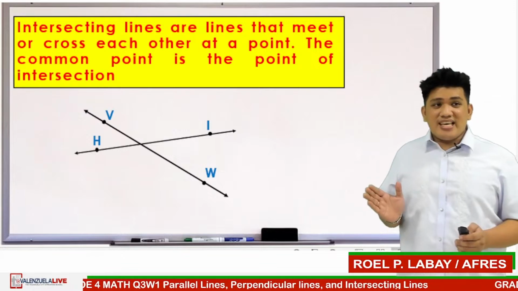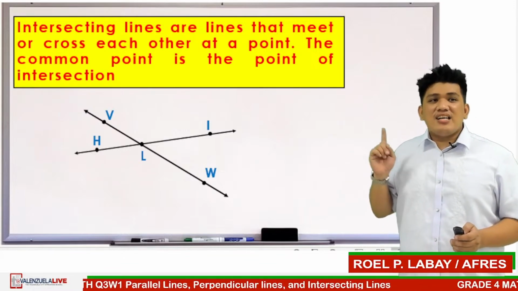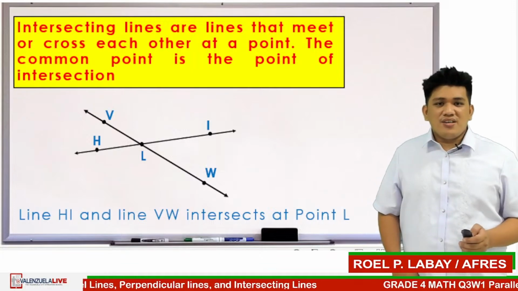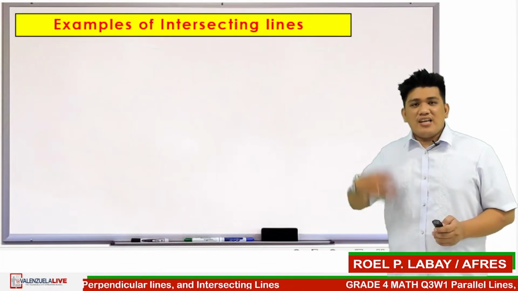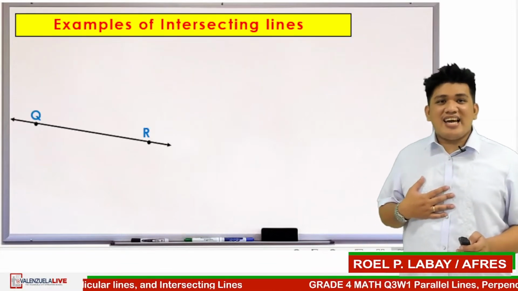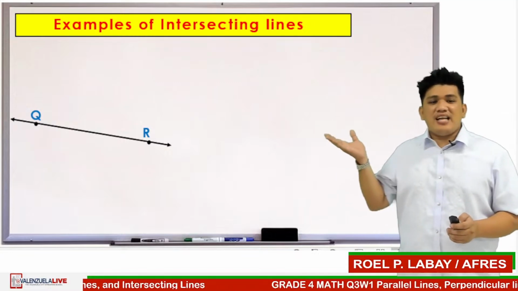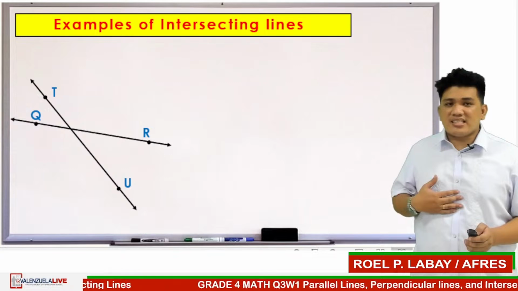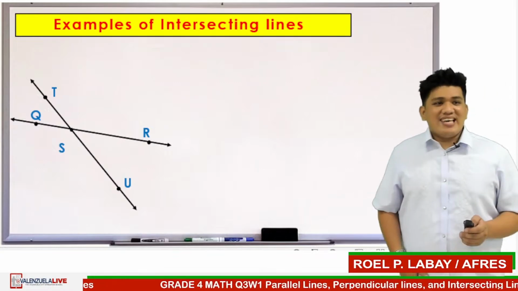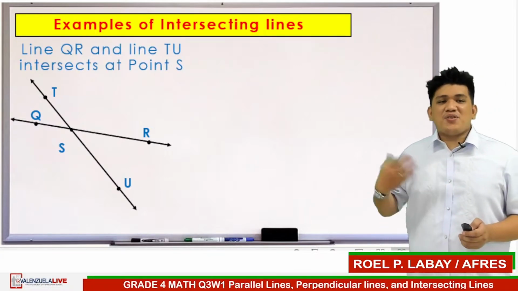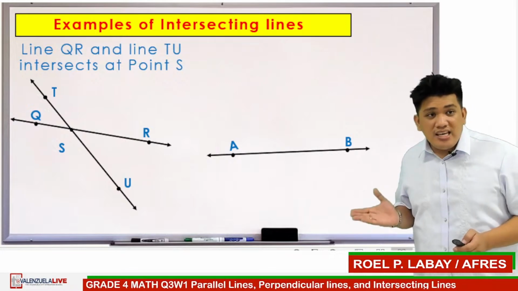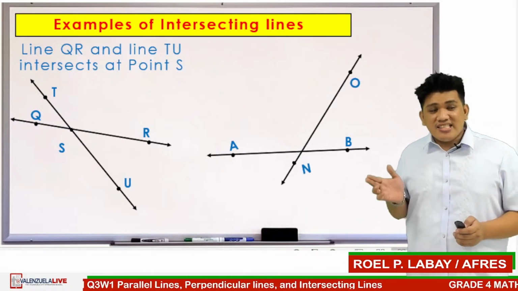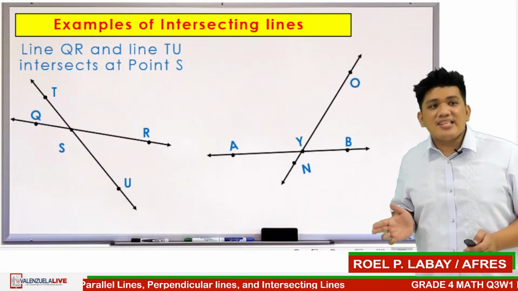They intersect at point L. Let's have examples of intersecting lines. For example, we have here line QR and line PU. They intersect at point S. Another one is line AB and line NO. They intersect at point Y.